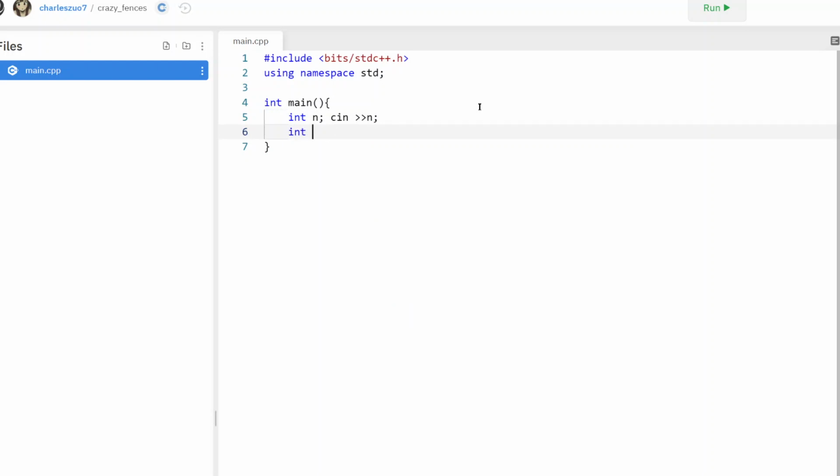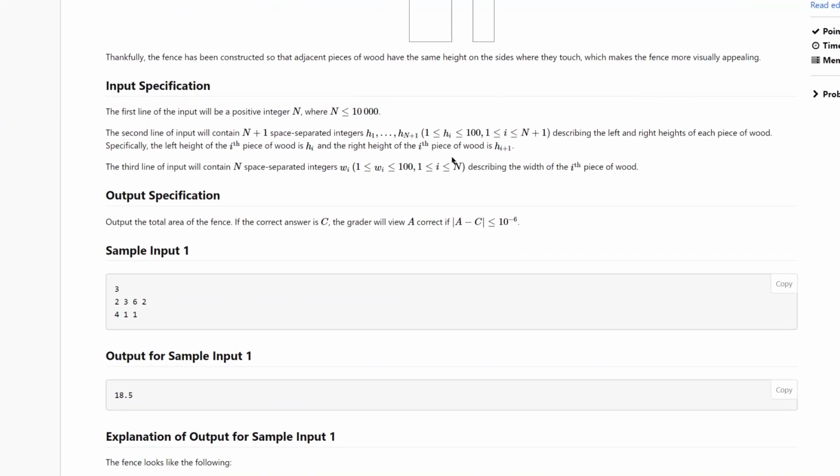So let's take in the input of set 1 first. Well, actually we can use 2 vectors to store the side lengths and height lengths. So side will be integers. It will always be integers because height is smaller than 100 and width is smaller than 100 as well.